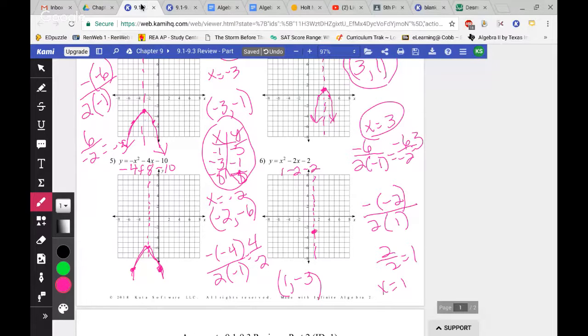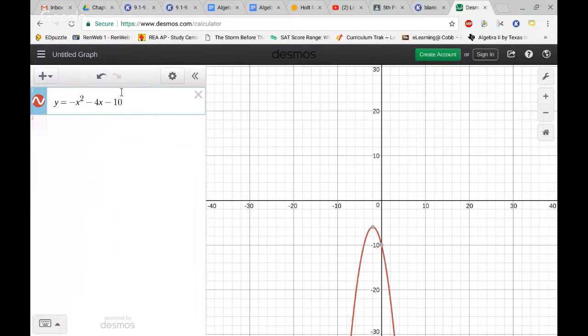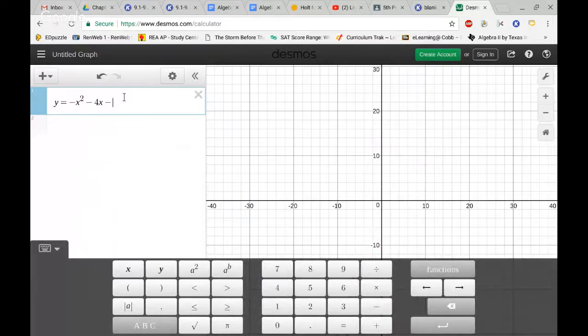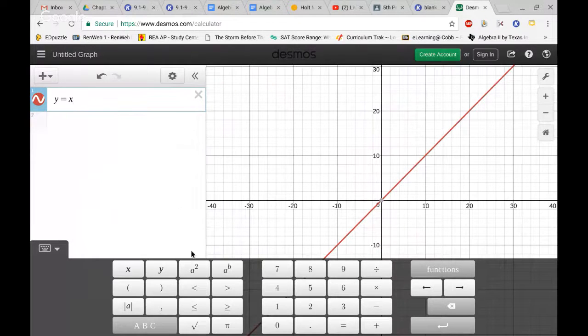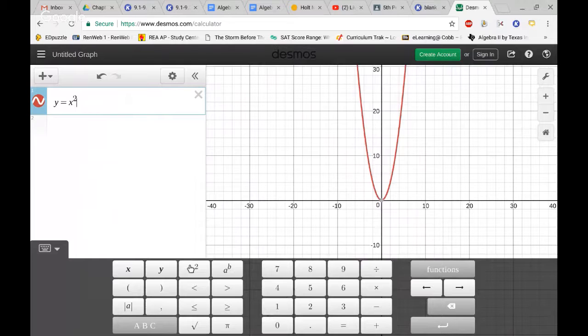That's symmetry. So we'll go over here to Desmos, because I'm assuming you're using your graphing calculator, right? Okay. So it's x squared minus 2x minus 2. Is that correct? Yes.